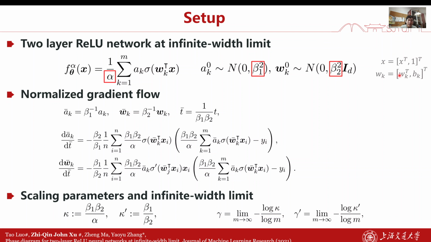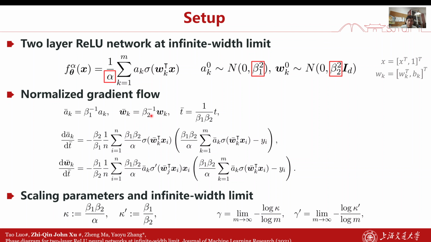And to study the evolution of the weights A and W here, we encounter difficulty comparing the different training trajectories. That is, they have different scaling. So to compare the different training trajectories, we can normalize the weights by their scalings. So we study another normalized weight, A bar, which is A over its scaling beta 1, and so is W bar, which is W over beta 2.